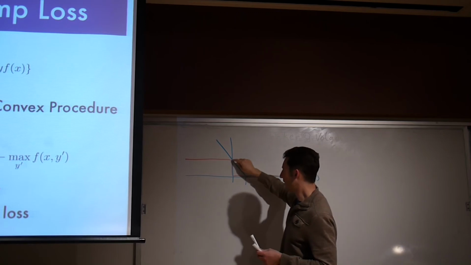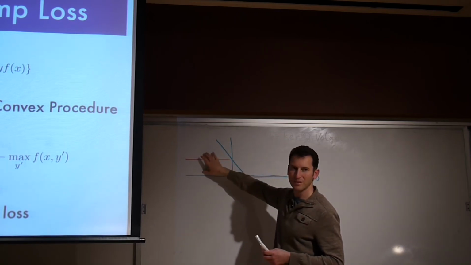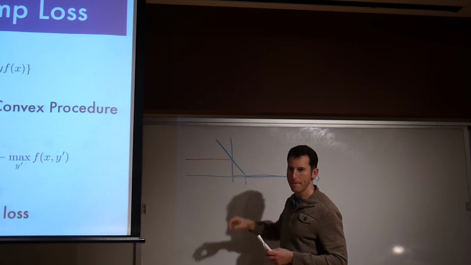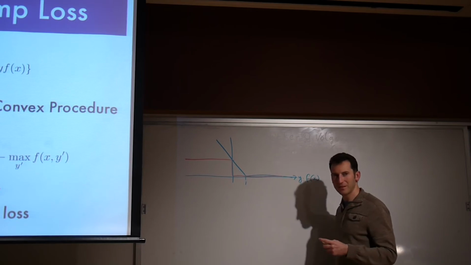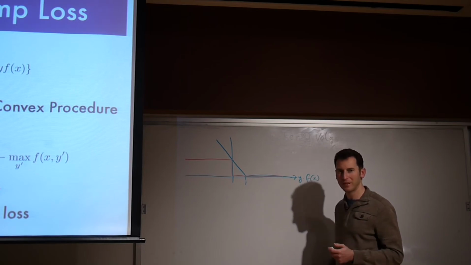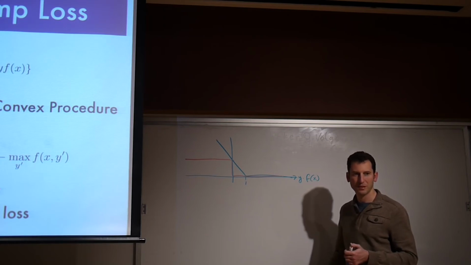But once you move beyond this point, you end up overestimating the loss of these instances. Now that's not very good, because if you overestimate it, you give instances way too much weight, and you basically try fixing instances that are going to be wrongly classified anyway. That may not be in your best interest.